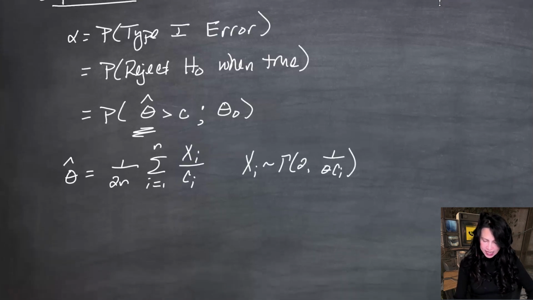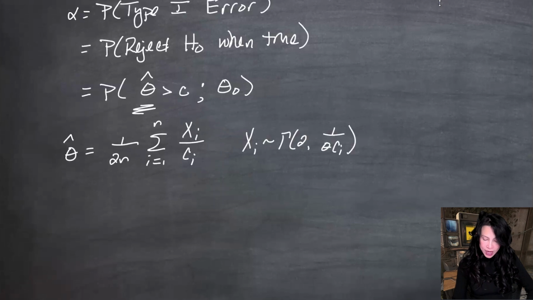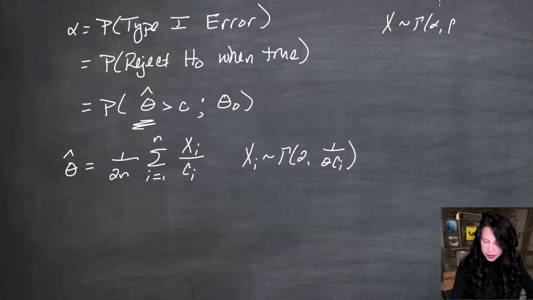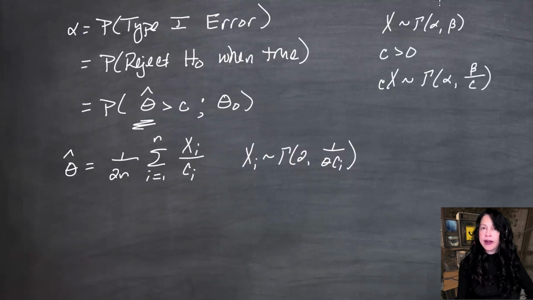So what is the distribution of Xi over Ci? We have seen, let me do a parenthetical here, that if X has a gamma distribution with parameters alpha and beta, and if c is a positive constant, then in our parameterization, if you multiply the gamma times c, you still get a gamma and it ends up under the second parameter. So you get a new inverse scale parameter.